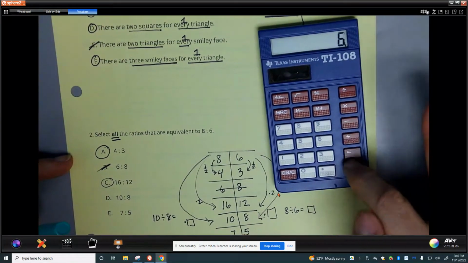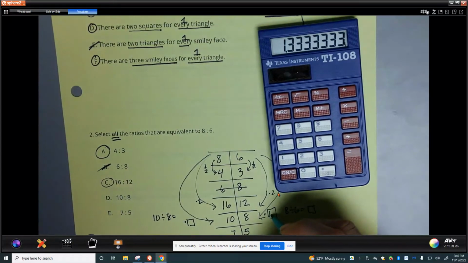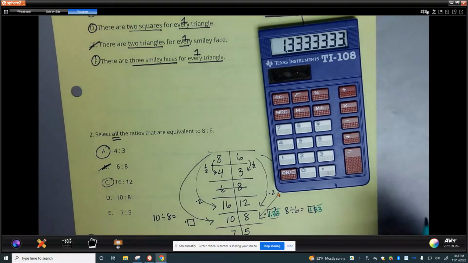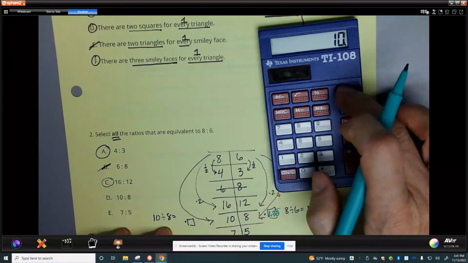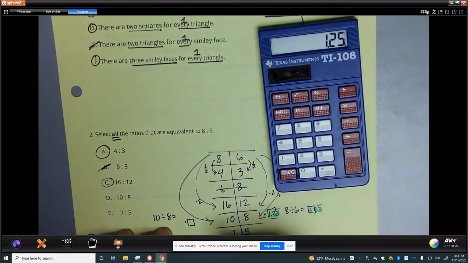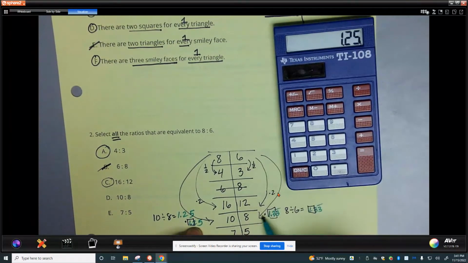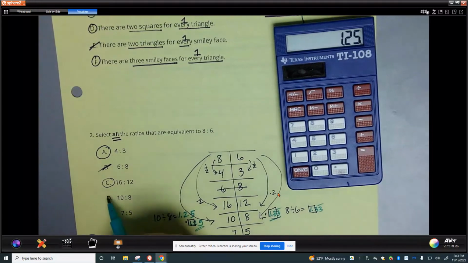So 8 divided by 6 is 1.33, and 10 divided by 8 is 1.25. So that means if I did 8 times 1.25, I would end up with 10. And if I did 6 times 1.33, I would get my 8. These numbers are not the same, so it's not an equivalent ratio.